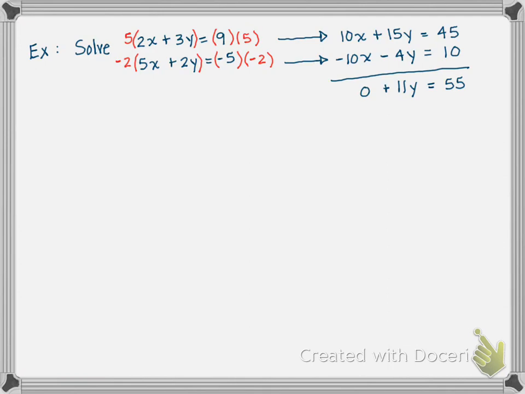So this gives us 11y equals 55, so y is equal to 5. Then again, we can plug that back into either one of the original equations. In fact, you can plug it into one of your original equations or one of the equations you got after multiplying.